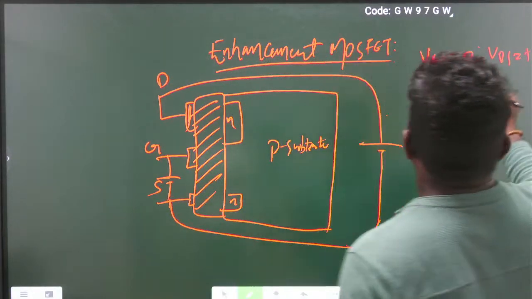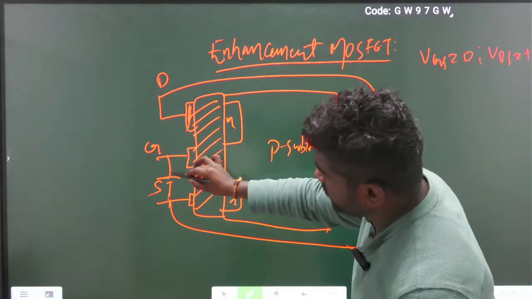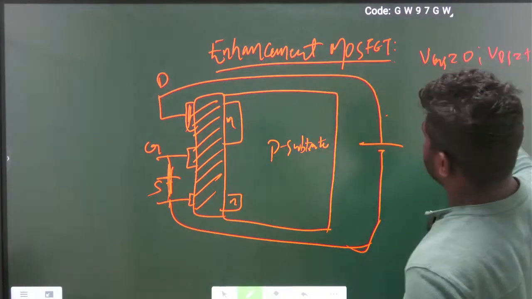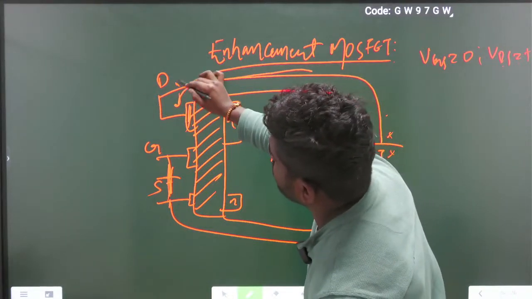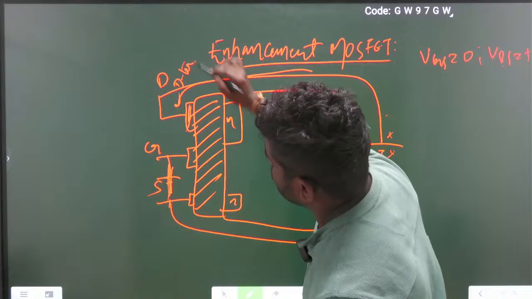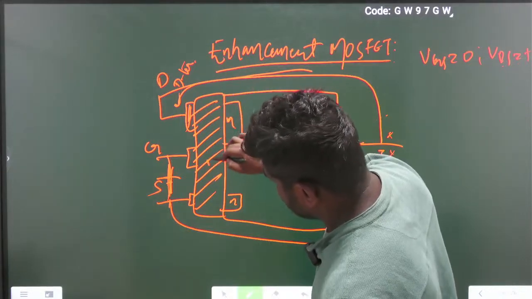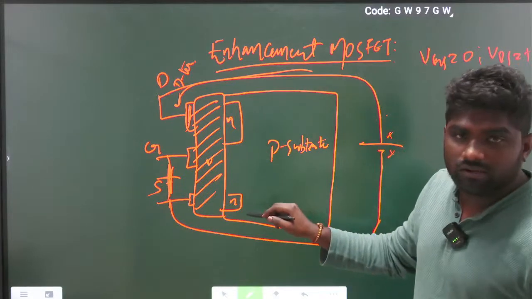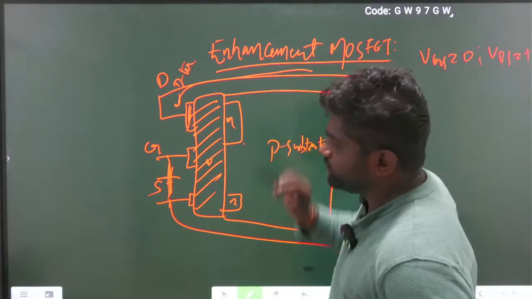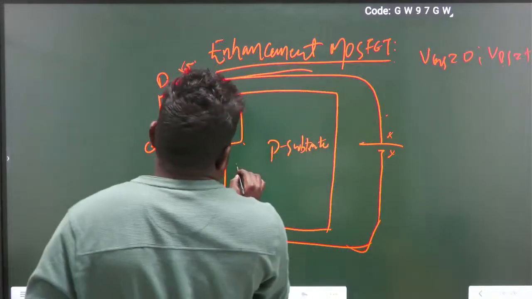Now see, when VGS equal to 0 and VDS is positive, positive charge is accumulated on the drain terminal, but here no electrons are there because there is no channel in enhancement MOSFET.